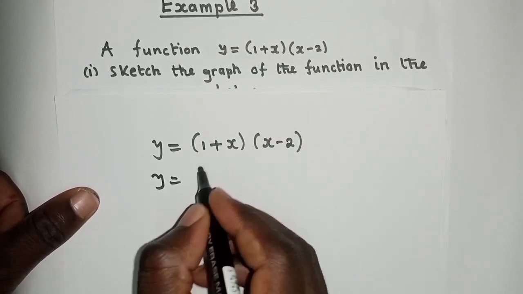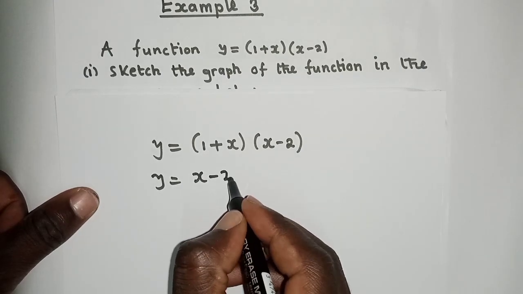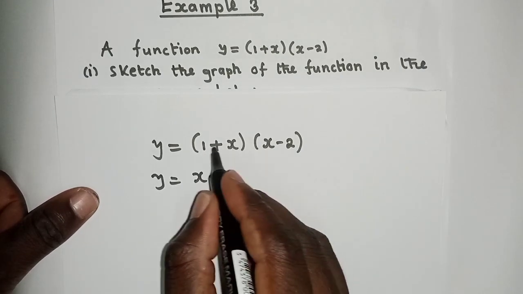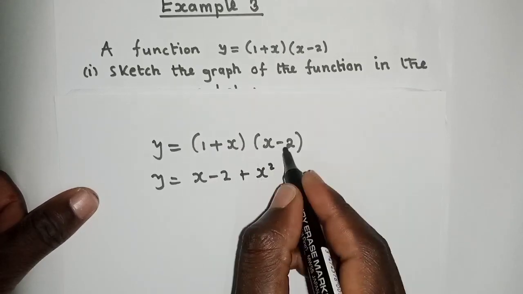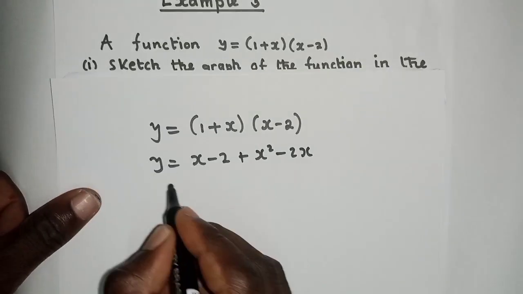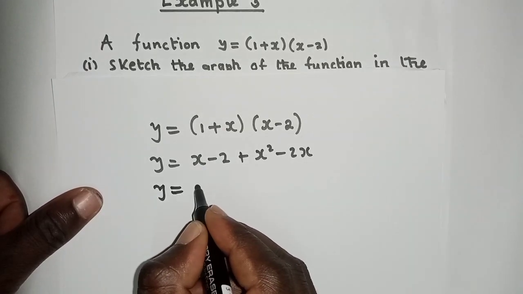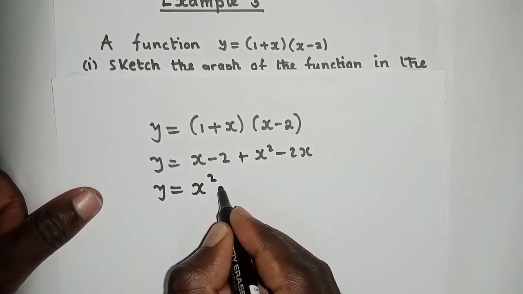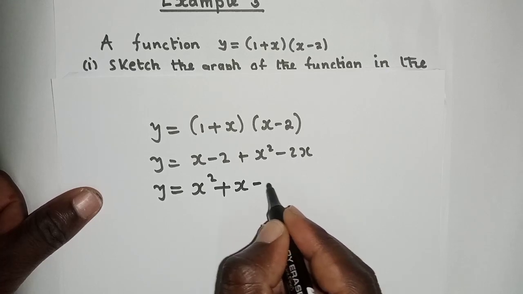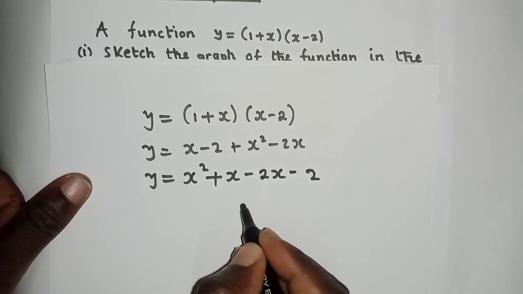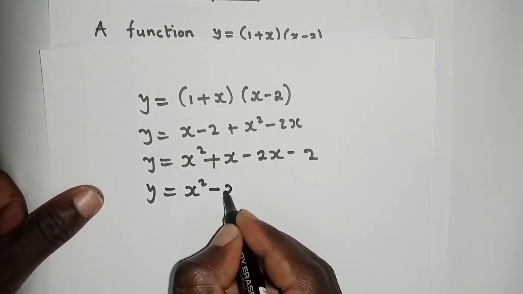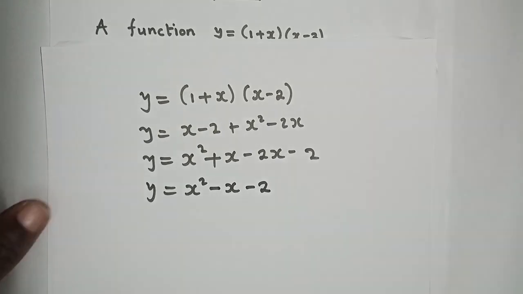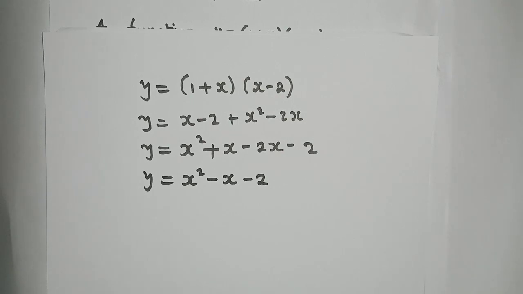We start multiplying this by this, this by this, this by this, and this by this. We can group the like terms: x squared plus x minus 2x minus 2. Y is equal to x squared minus x minus 2. Okay, so now it's in standard form.